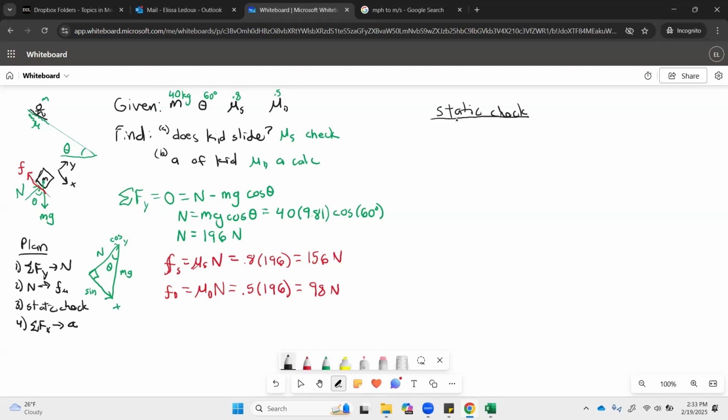The weight component that's pointing down the plane, we figured out, is the sine component of the mg. So we have static friction on one side, and we'll compare that to the weight pulling down, which is the mg sine theta.